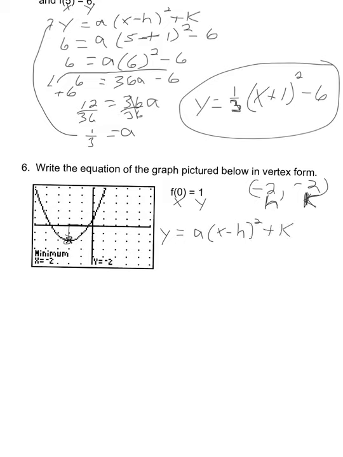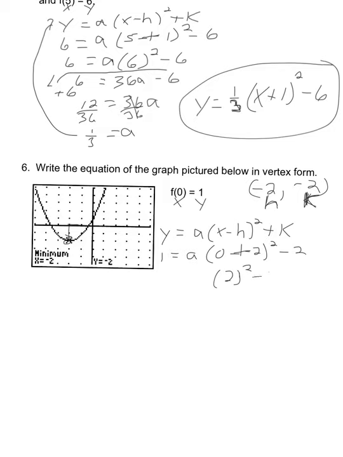Plugging in what we know, y is 1 equals a parentheses x is 0 minus h, which is a minus 2, that makes a plus 2, squared, plus k, which is a minus 2. Cleaning it up, parentheses, 0 plus 2 is 2, squared.